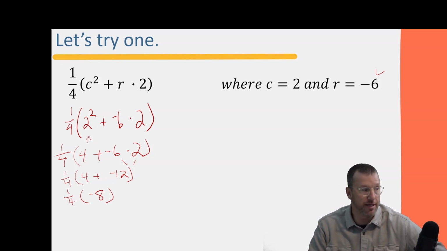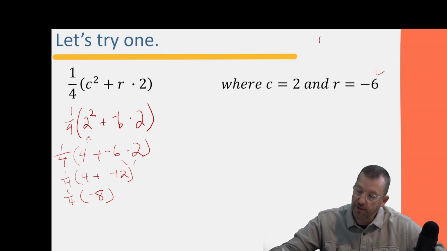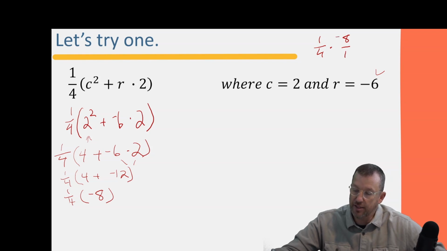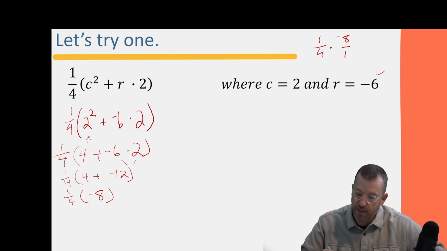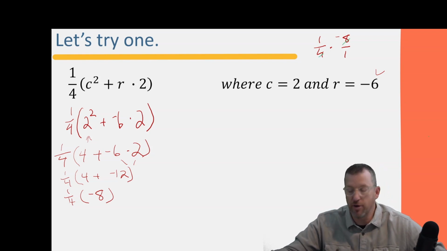So that means multiply, doesn't it? And what is 1/4 times negative 8? Well, we can go up here and say we have a fraction times a whole number, so we can turn that whole number into a fraction. I'm sorry, it's negative 8. And then we simply, can we simplify diagonally? Okay, can we simplify diagonally? Yes, we can. 8 and 4 have a number that will go into both of them, and it's 4.